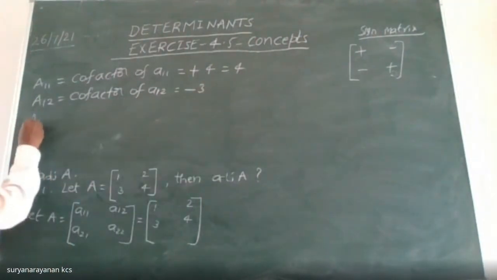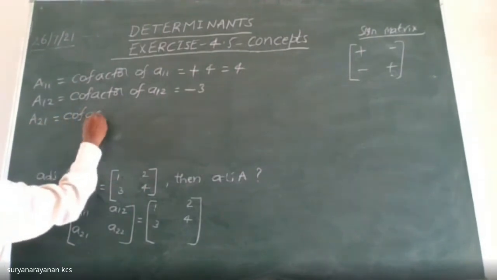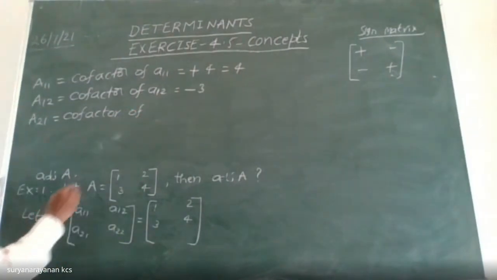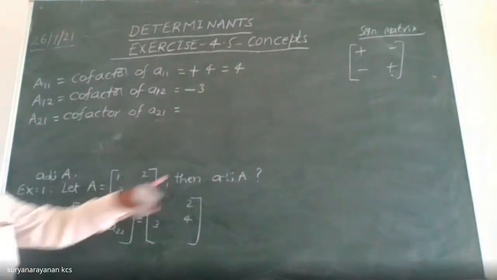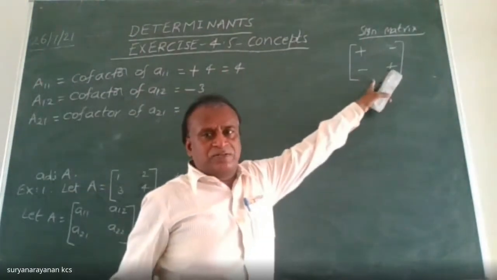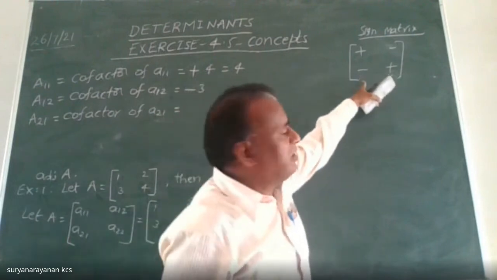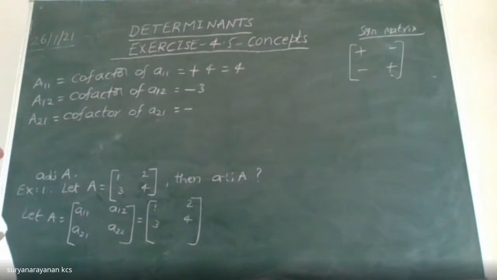Next, cofactor of A21. What is the sign? Immediately go to the sign matrix. Don't forget this step. What is the sign here? Minus. Keep the minus sign.